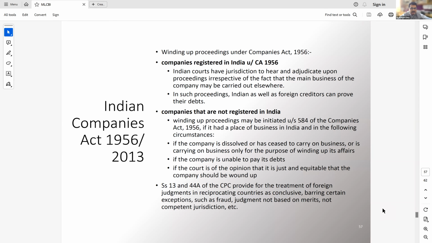Section 13 provides certain grounds, such as fraud, judgment not based on merits, not competent jurisdiction, etc. If those grounds are not present, then the foreign judgment can be recognized and enforced in India.